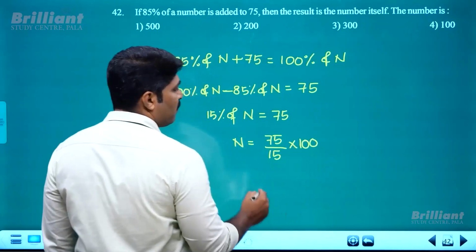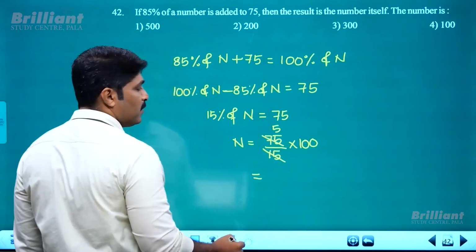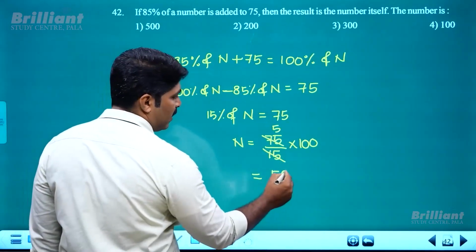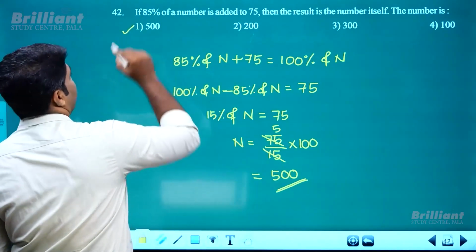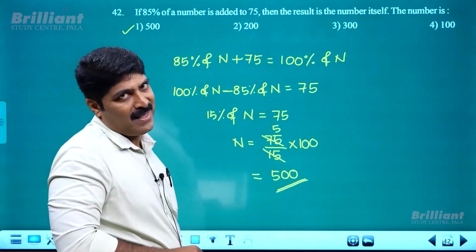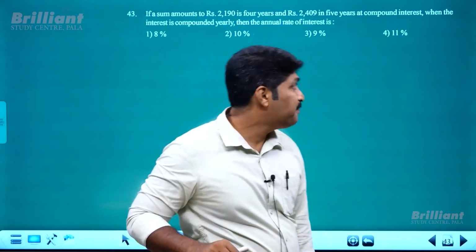Here we know that 5 times 15 is equal to 75, and this is 500. So the answer is 500. That's it. This way, we can catch the answer of this type of question easily.